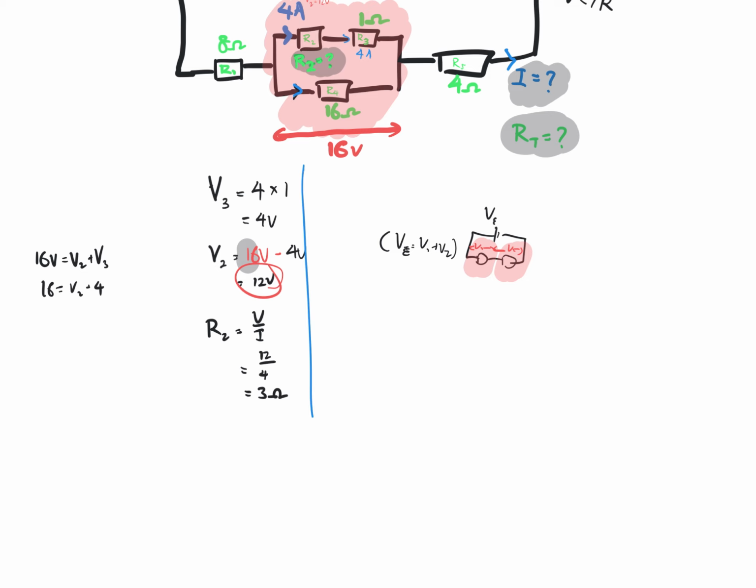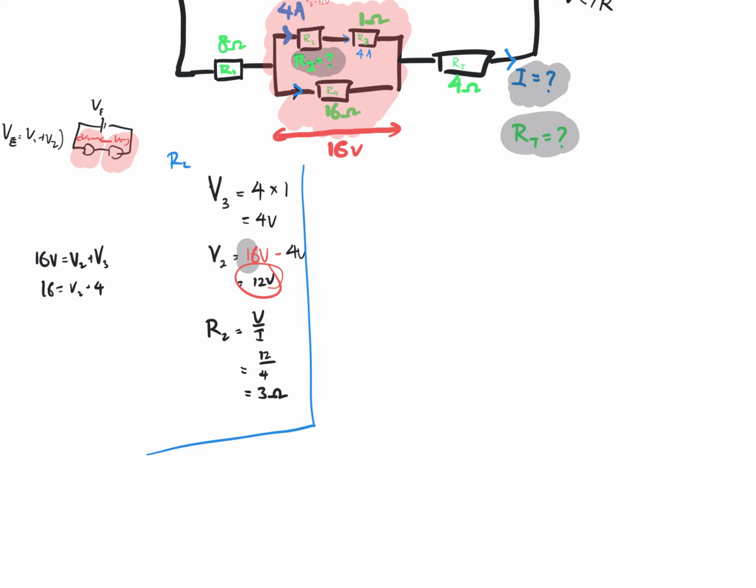So this one was solving for R2. Now, let's bring this one over here and let's erase this away. So now I'm asking, what is the current flowing through R4?